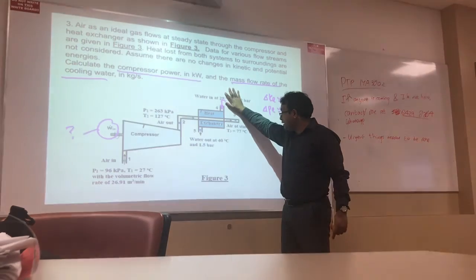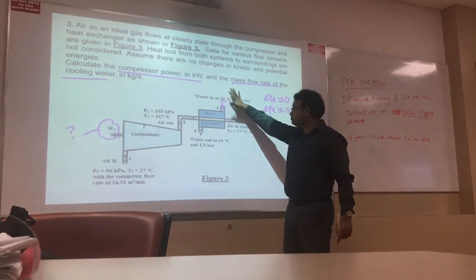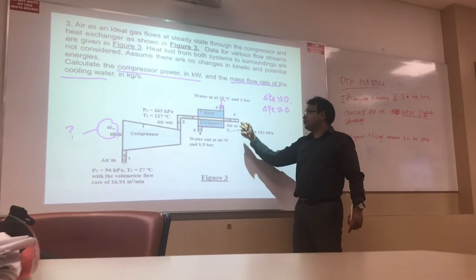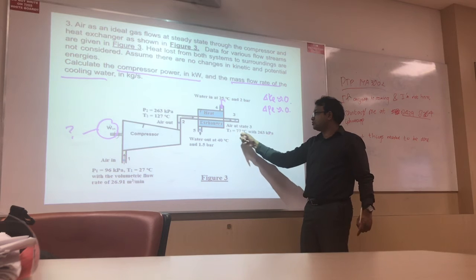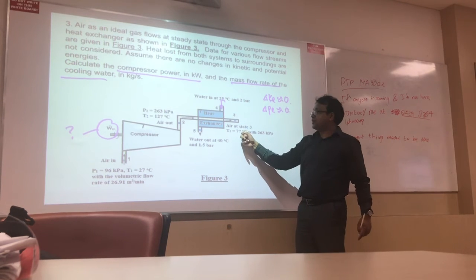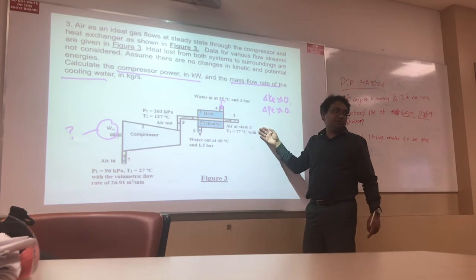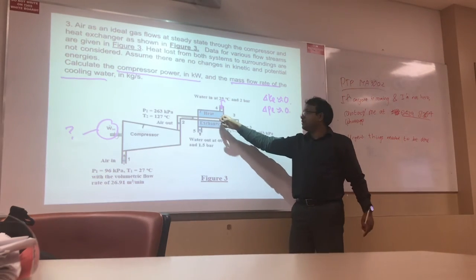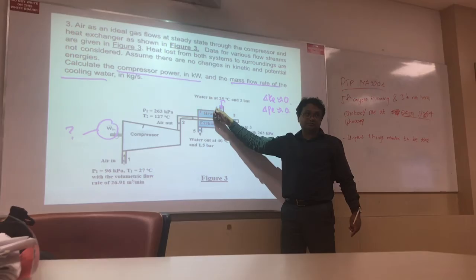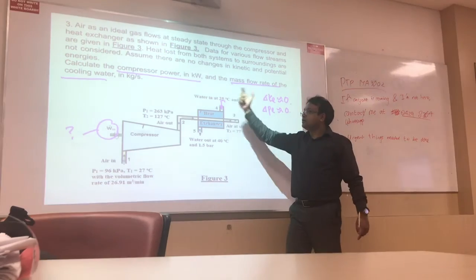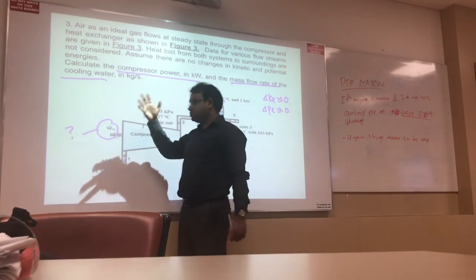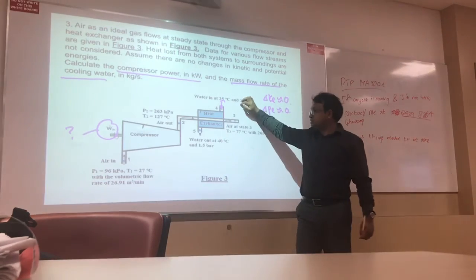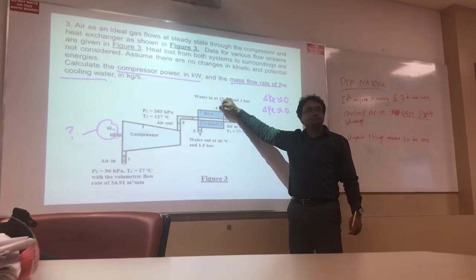Remember this is compressed liquid. The outlet air temperature drops from 127 to 77 degrees Celsius at the same pressure, because air is flowing through, and air rejects heat to water. They ask how much power is needed to run the compressor, W dot in, and what is the flow rate of water.